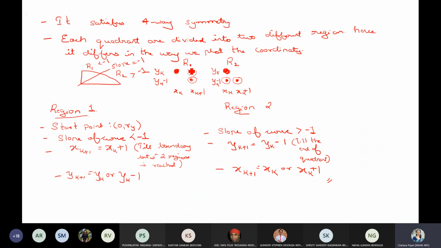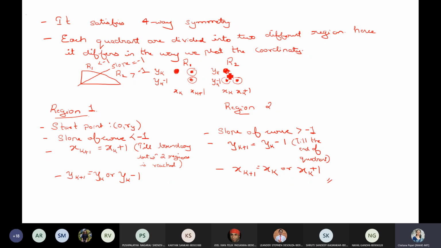In case of region 1, your x will be incremented at every iteration, and you are going to make a decision about whether to continue with the same value of y, or you have to decrement the value of y. Whereas in case of region 2, your y value you are going to decrement.